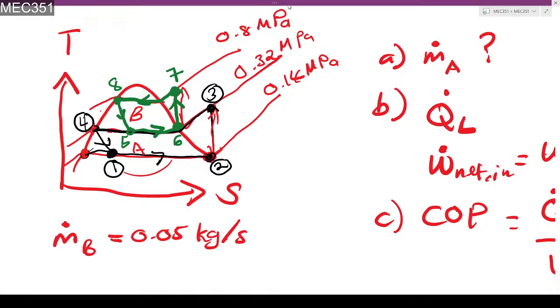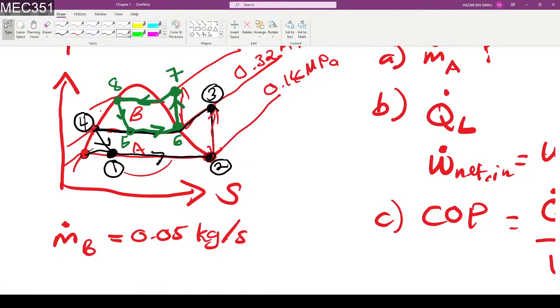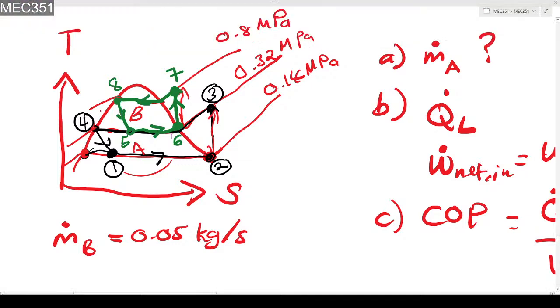The heat transferred between cycle A and cycle B happens in the heat exchanger here.